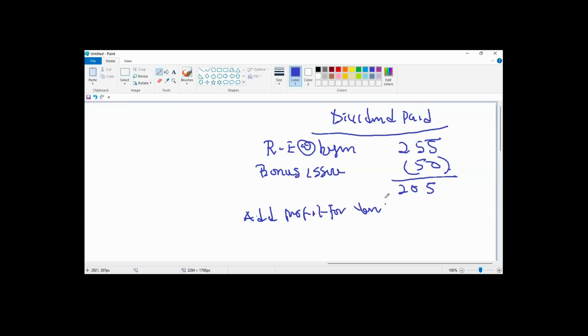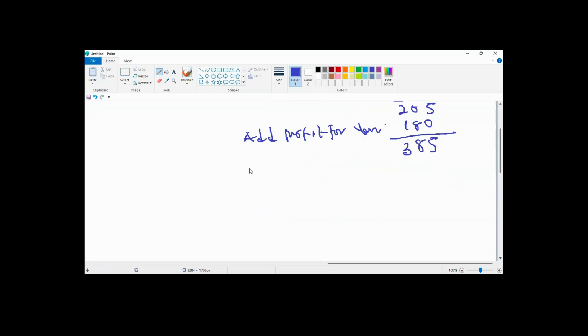What is 180? Why is the profit for the year 180? Yes, our comprehensive income. Okay, 180. 385. I will now less retained earnings at the end.